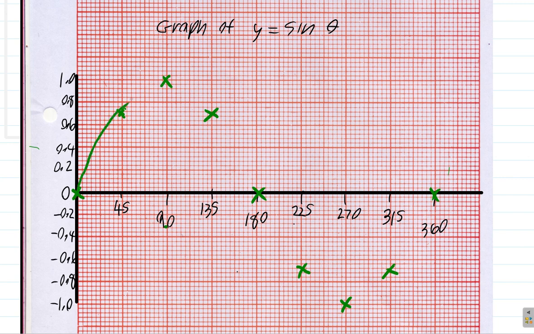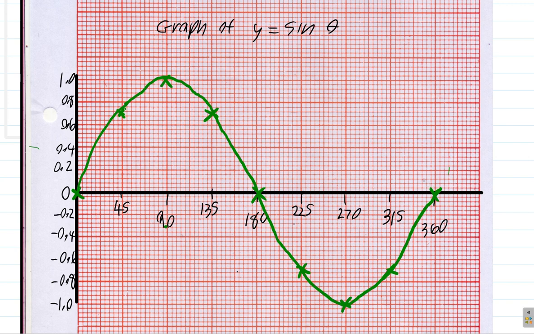Alright, if we plot a smooth curve, it should be a smooth curve through these points. Let me try to make it in one go, but I won't be able to. But if we do this, we see that that is the shape of y equals sine theta.